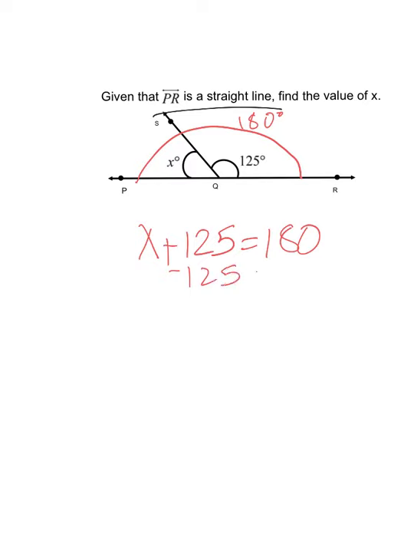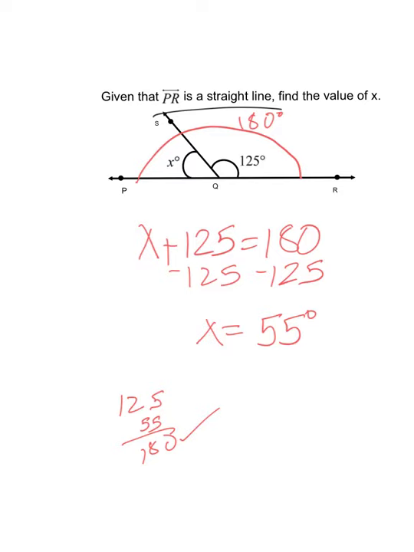Subtract 125 from both sides. I'm left with X equals 55 degrees. So I'm going to check that real quick. 125 plus 55 is 180, and that's what I needed.